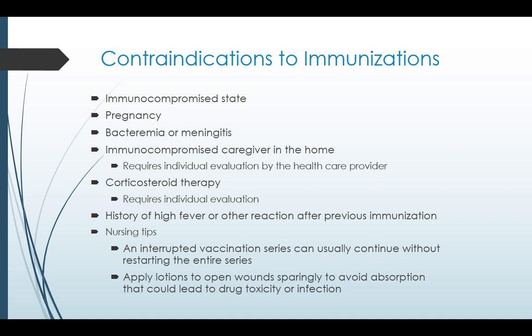Contraindications for immunizations is immunocompromised state, pregnancy, bacteremia or meningitis. Immunocompromised caregiver in the home requires individual evaluation by the healthcare provider. Corticosteroid therapy requires individual evaluation. History of high fevers and other reactions after previous immunizations.